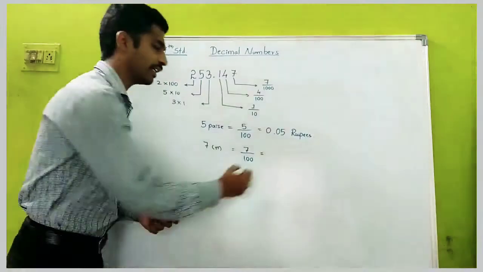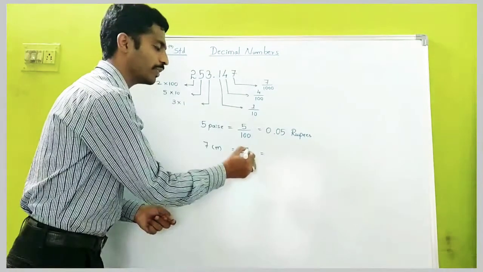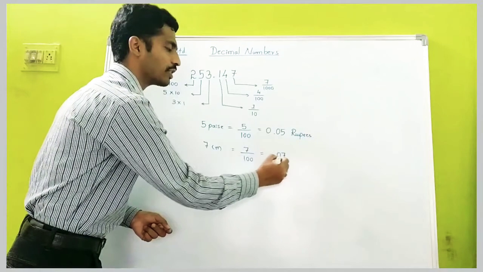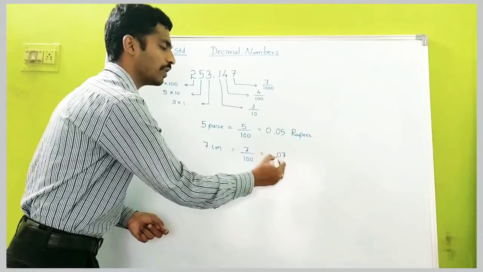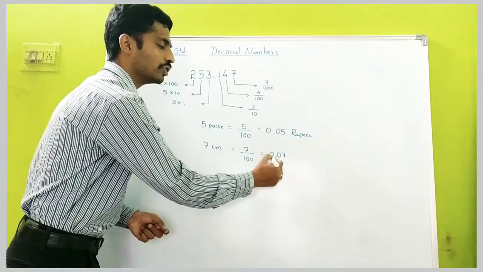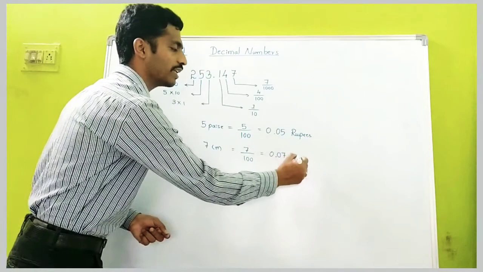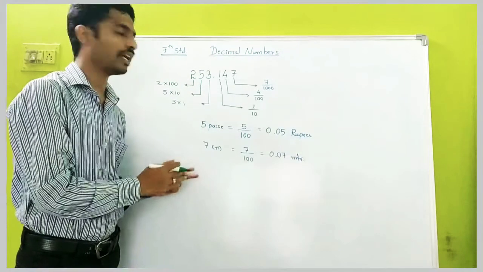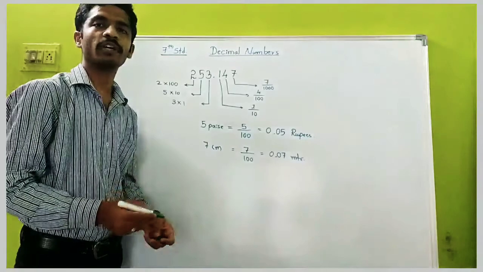After 2 numbers, 1, 2, means 1. And the number is not there, so take the 0. So that will be 07, 1, 2. After 2 numbers put the point. So it will be 0.07 meters. Like this you have to convert the quantities into decimal form.